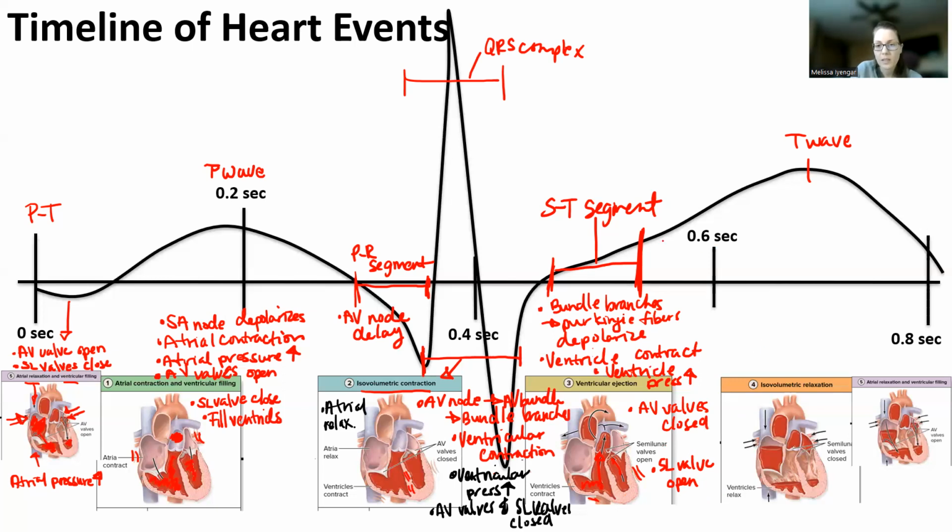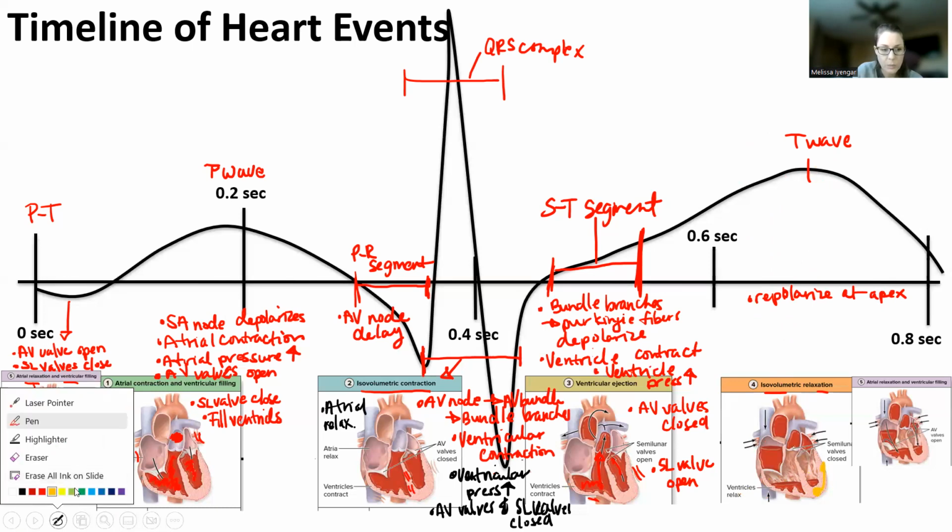Okay. Then this next high portion here, the T wave, is essentially isovolumetric relaxation right here. So why is there this peak? Remember, because you're going to start to repolarize at the apex. Okay. So that means what's happening here is we have repolarization here, and then that repolarization spreads upwards.